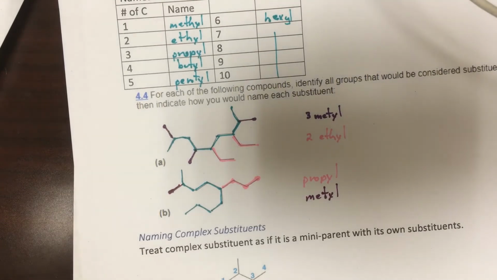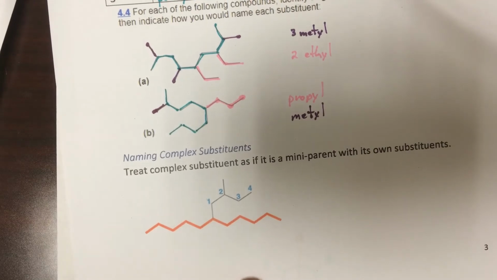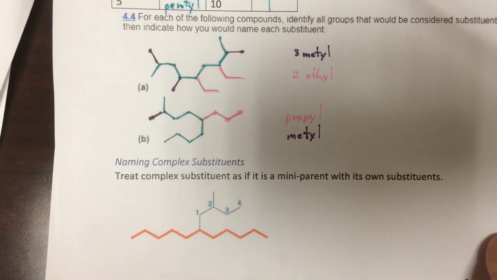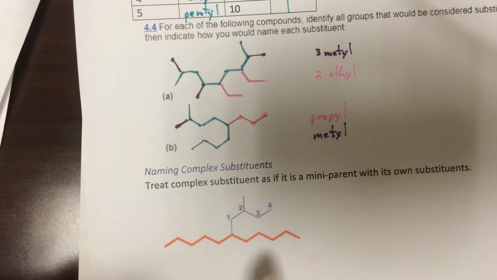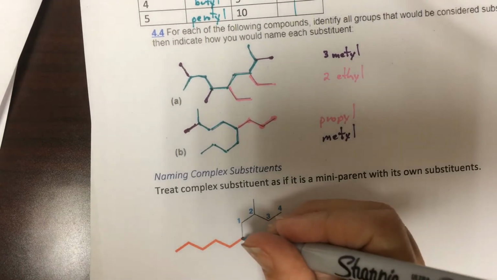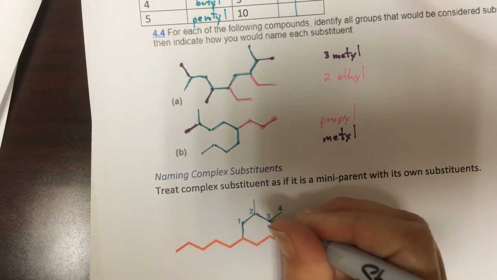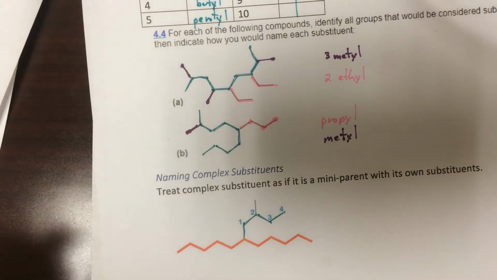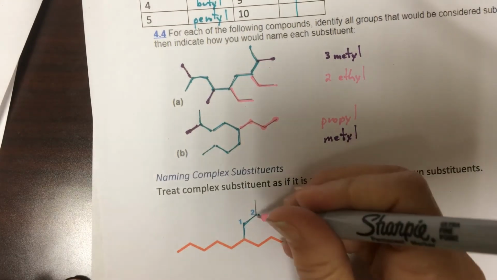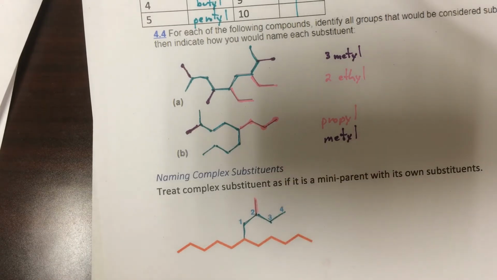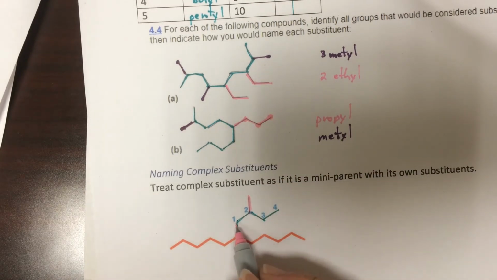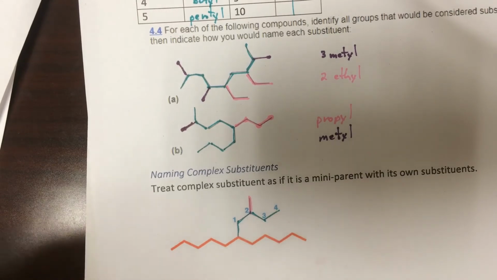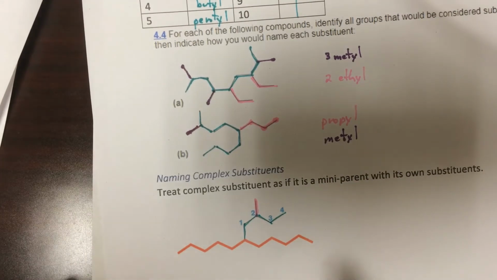Okay, now sometimes as these branches get more complicated, the branches have branches. So in this example, you'll see the main chain, and then this is our branch off the main chain, and our branch has a branch. And so we would name this branch with the, let's get the right color.